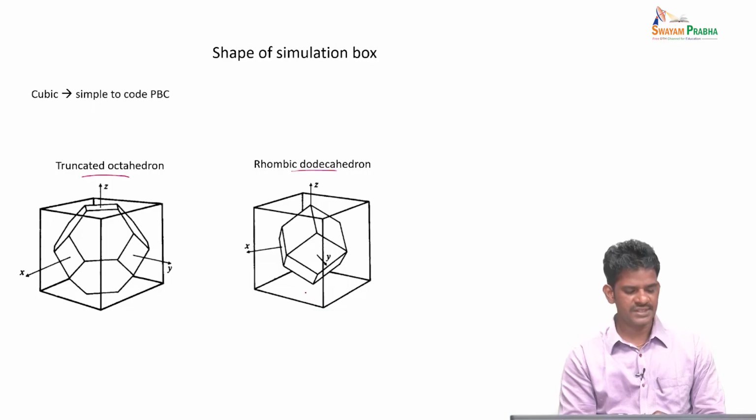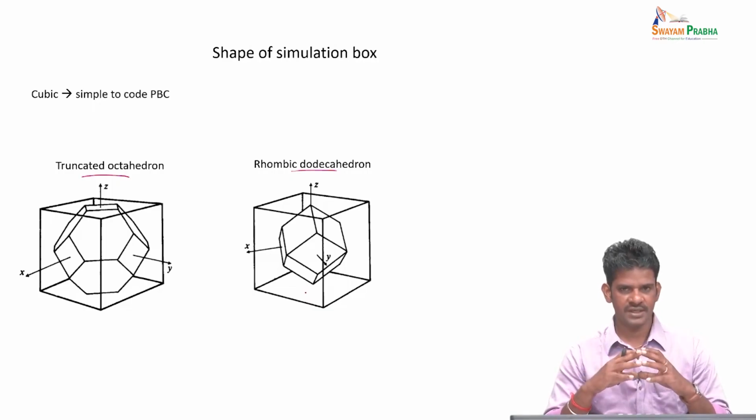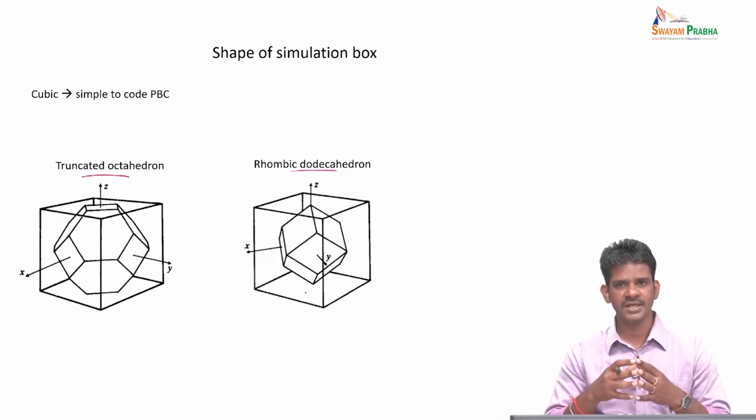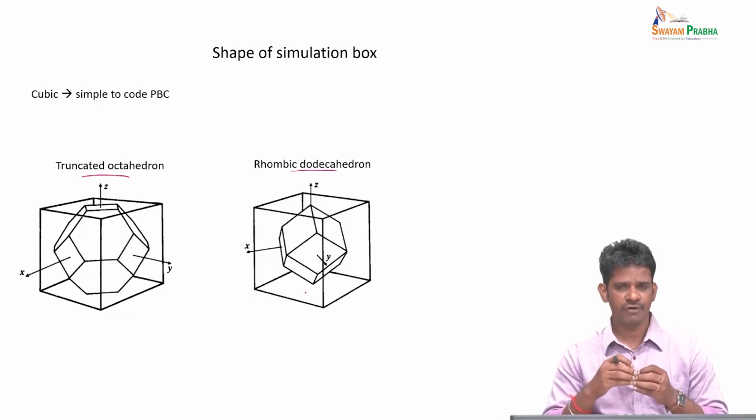As you can see, if you look at the shape of these non-cubical boxes, they look very isotropic, close to spherical geometry. So if you want to study isotropic fluids, people have found that there is little advantage to using non-cubical simulation boxes. However, when you look at the computer code for implementing periodic boundary conditions and force calculations, it becomes a little bit tricky to do the coding.